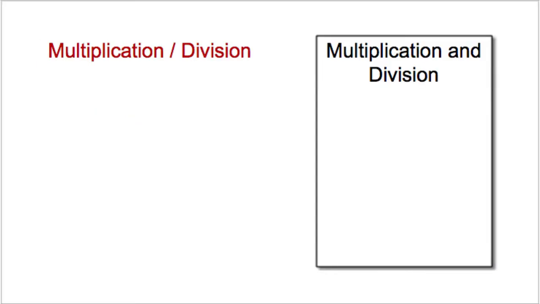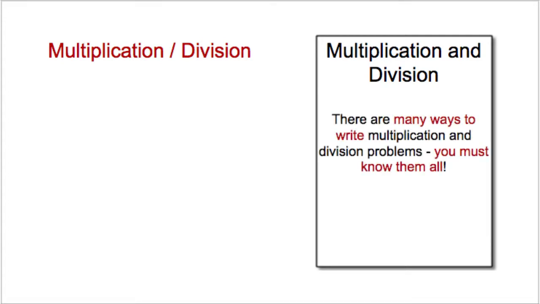Next, we will tackle multiplication and division. You must first be able to recognize the many ways of writing these two. Multiplication can be written as an x between numbers. This is confusing because that x can look like a variable and will not often get used in algebra.